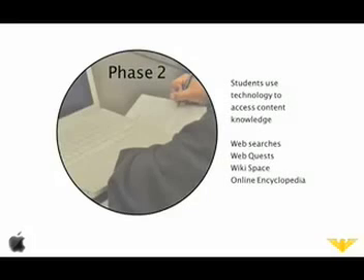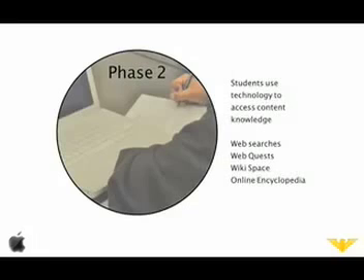But the key is that students are using online sources to access the content knowledge. Often this is in the form of web searches, can be web quests, but not necessarily, wiki spaces, online encyclopedias, and of course the World Wide Web and all the information that it offers for students.